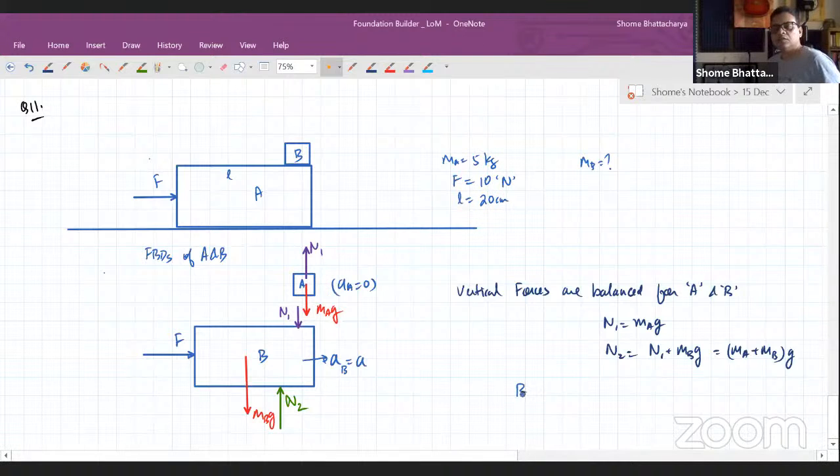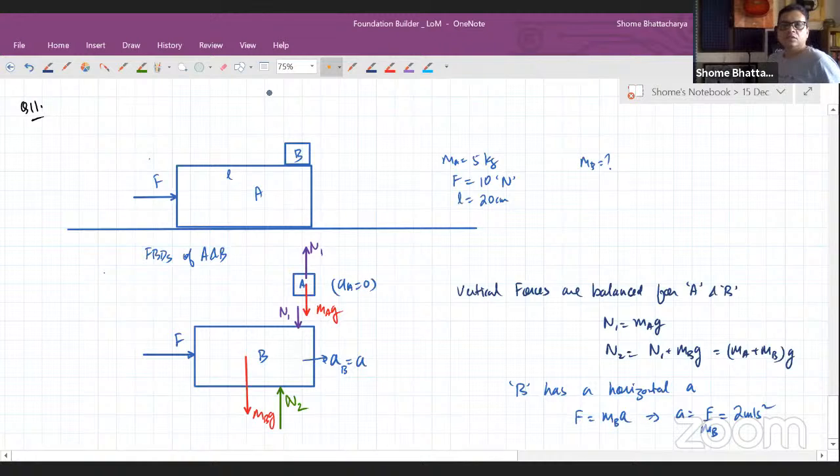So B has a horizontal acceleration a such that F is equal to m_B into a. So that acceleration is F divided by mass of B. So that is nothing but 2 meters per second square.